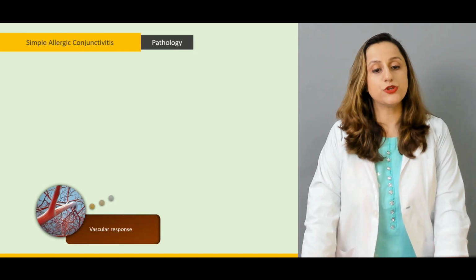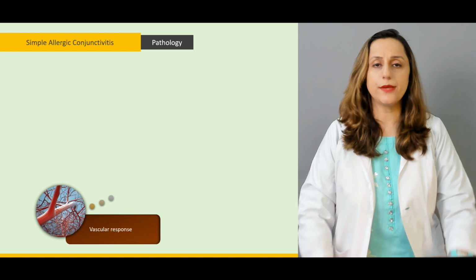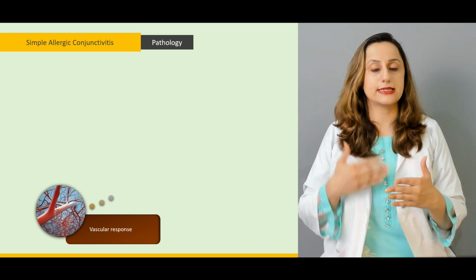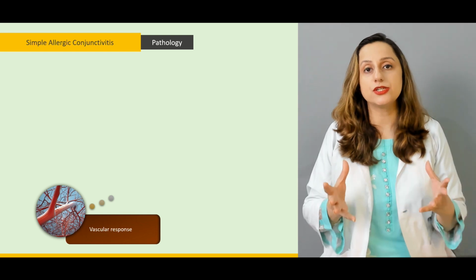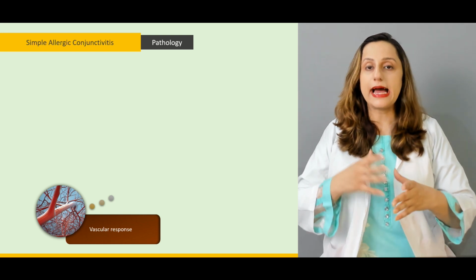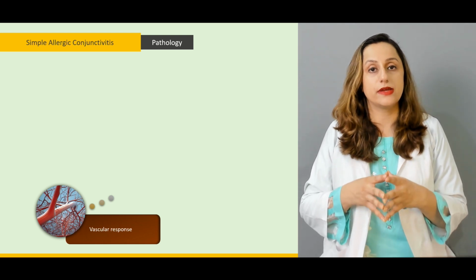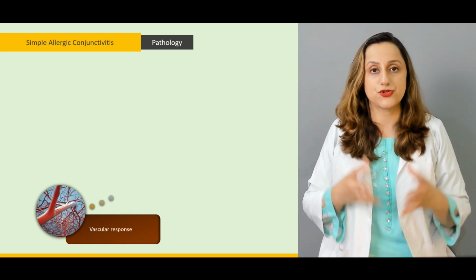The pathology would be a vascular response. So what do we mean by a vascular response? When there is an exposure to a particular antigen, there is an antigen-antibody response, and as a result, a vascular response is triggered.